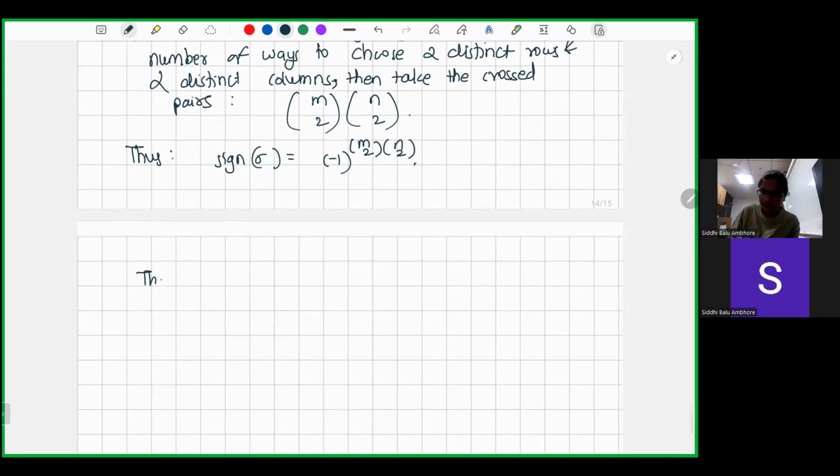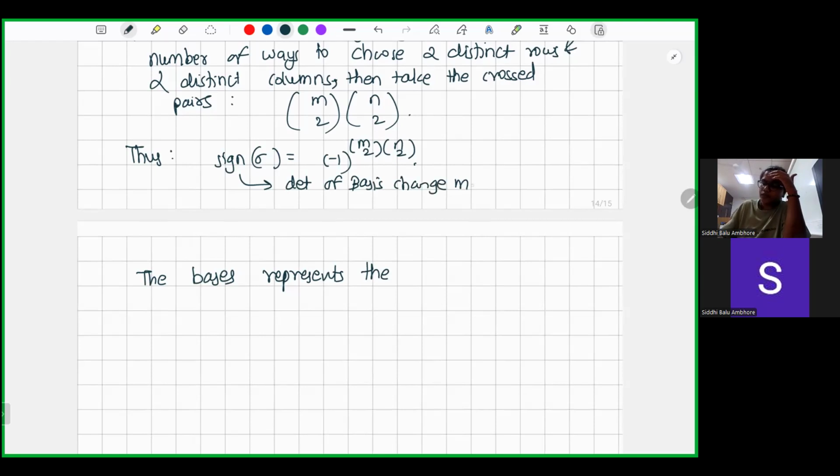Hence the sign of sigma is the sign of the determinant of the basis change matrix from beta 1 to beta 2.